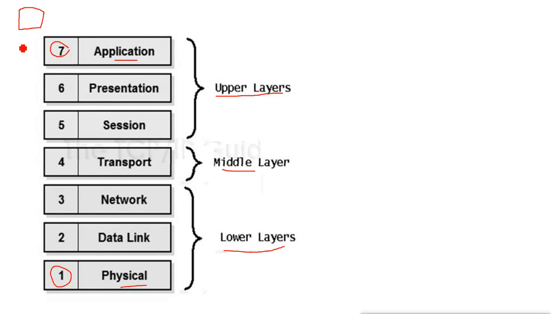When the data is going out of your system, the first layer it will meet is the application layer. Then it will meet presentation, session, transport, network, data link, and physical layer. That is why I write the names like this, because your data is going out of your system. And finally, after the physical layer, your data comes out of your system and goes into the network.